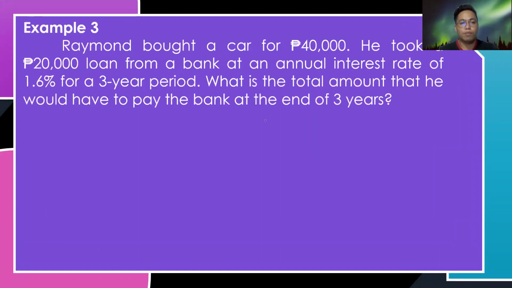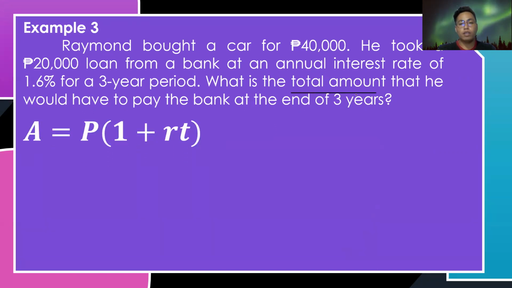Let's have another example. Raymond bought a car for 40,000 pesos. He took a 20,000 peso loan from a bank at an annual interest rate of 1.6% for a 3-year period. What is the total amount that he would have to pay the bank at the end of 3 years? So the question for this problem is the total amount or the future value.